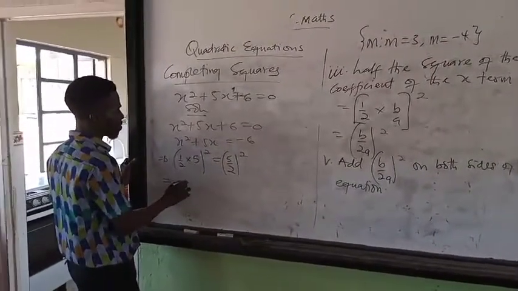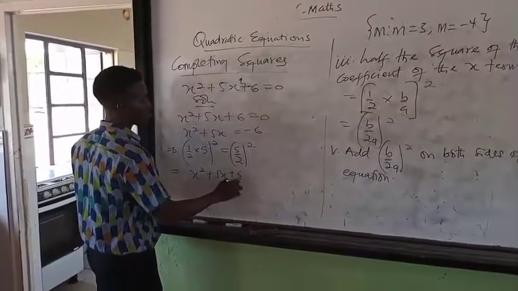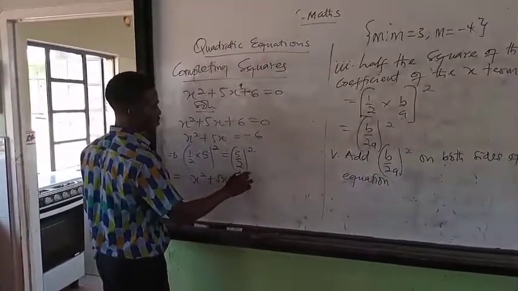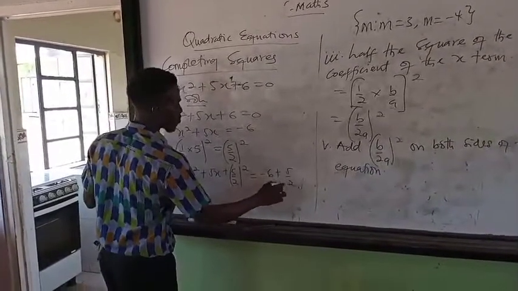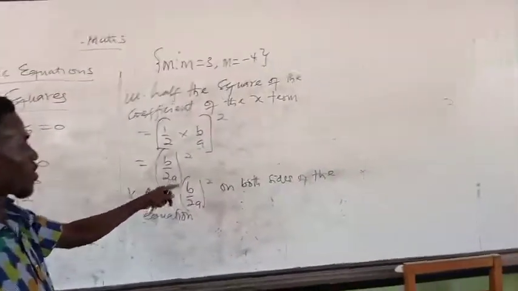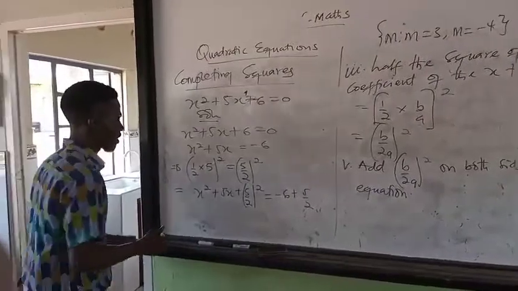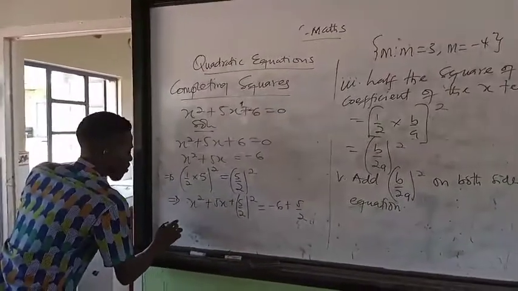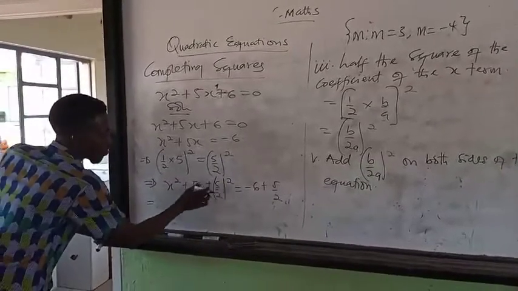So what do we have? We have x squared plus 5x plus (5 over 2) squared is equal to negative 6 plus (5 over 2) squared, like what we said here. Just find half the square of the coefficient of the x term. Having done that, you pick this and that, all this expression.